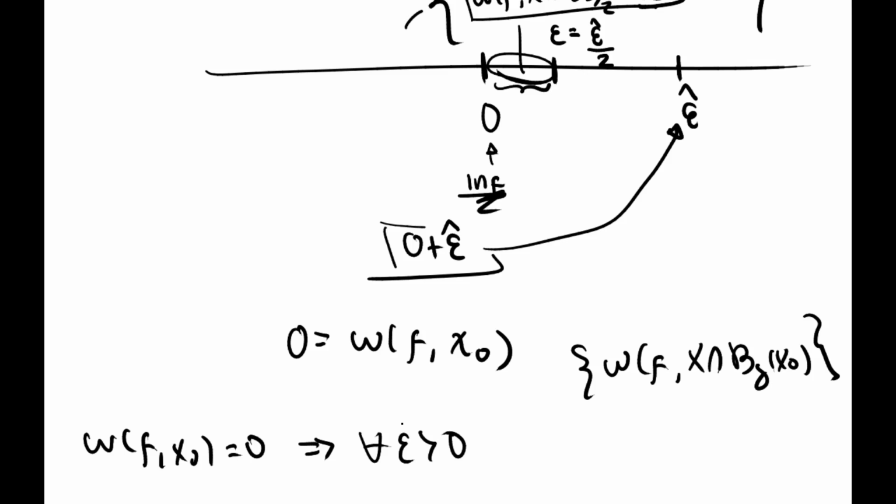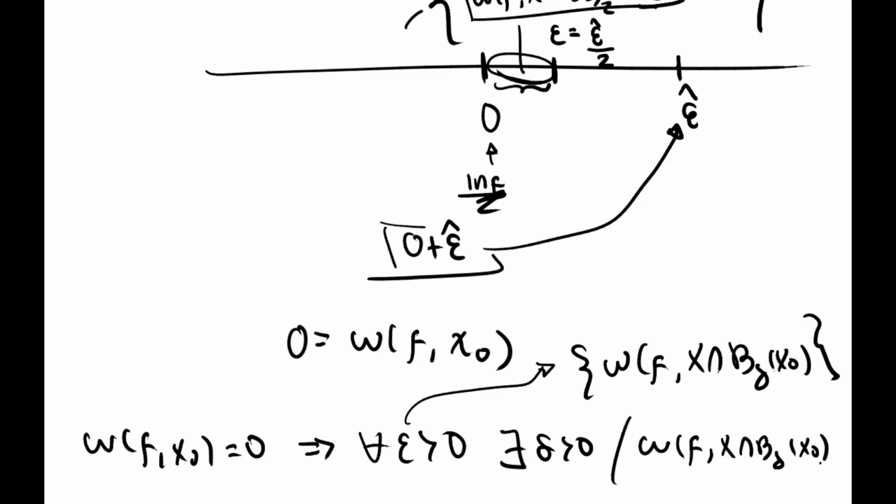So since this is not a lower bound of this set, then there will exist some positive delta such that this is smaller than epsilon, and this was the supremum of, let me add a page.